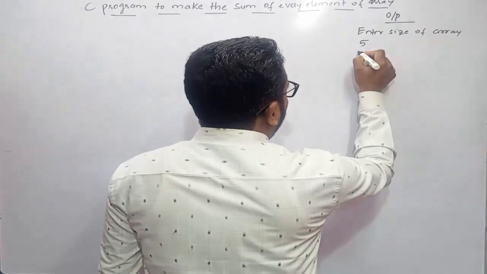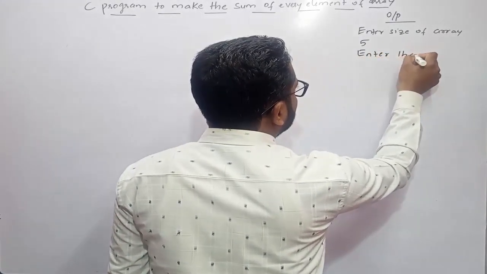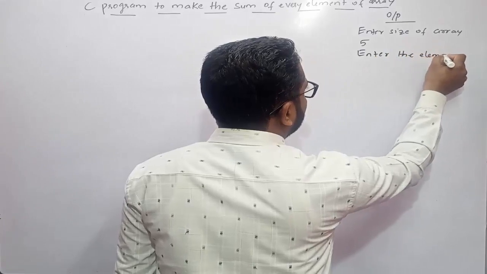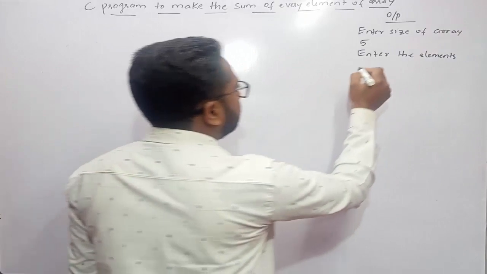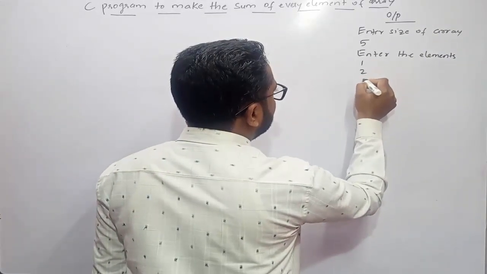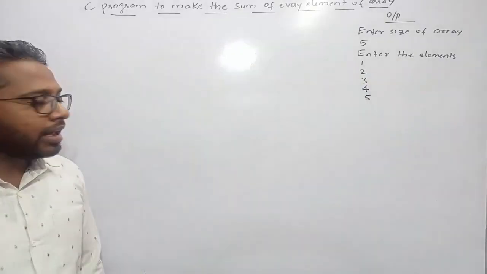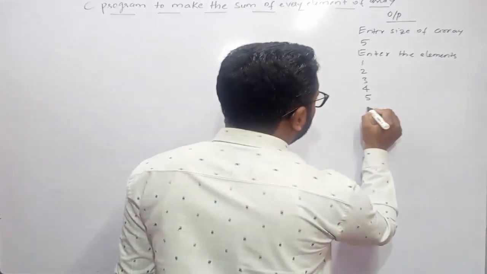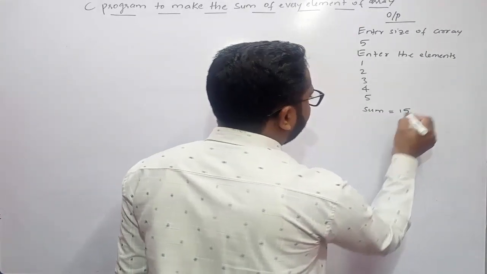Then it again asks one more question to enter the elements of the array. Let us suppose the user enters 5 numbers: 1, 2, 3, 4, 5. And then finally we should get an output message as sum equals 15.